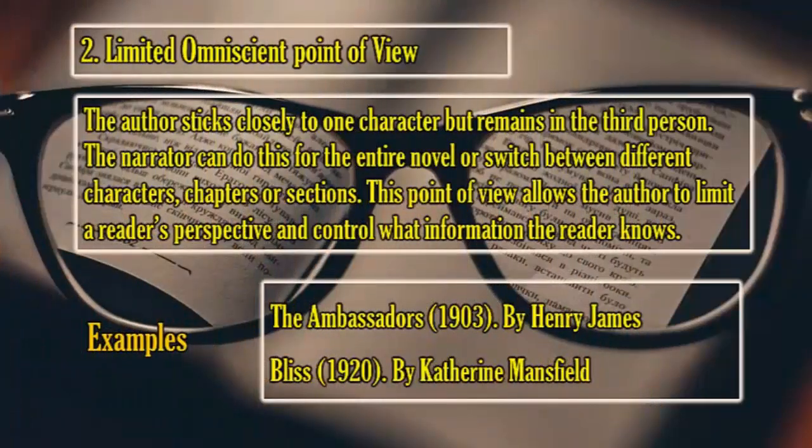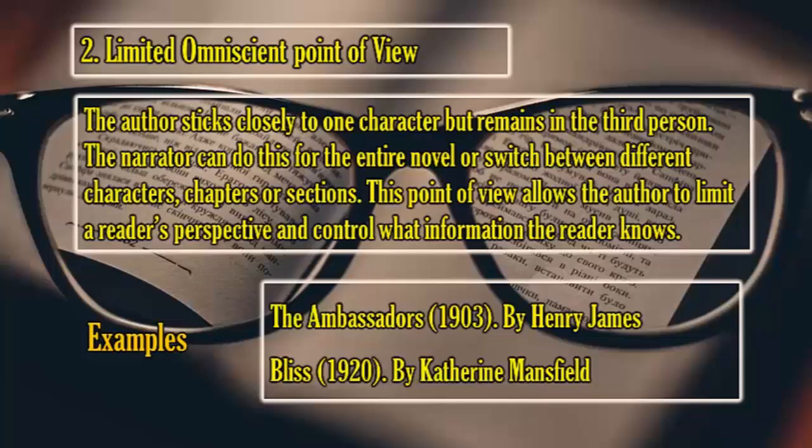Limited omniscient point of view. The author sticks closely to one character but remains in the third person. The narrator can do this for the entire novel or switch between different characters, chapters, or sections of the story.